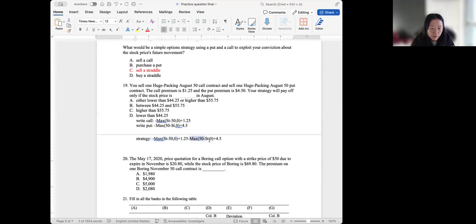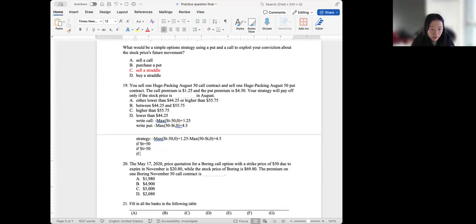And if it's above 50, we don't need to pay for this part. We'll just need to receive 4.5 on the put position. So here, if ST is greater than 50, if ST equals 50, and if ST is less than 50. If it equals 50, then that is 1.25 plus 4.5, and that equals 5.75.